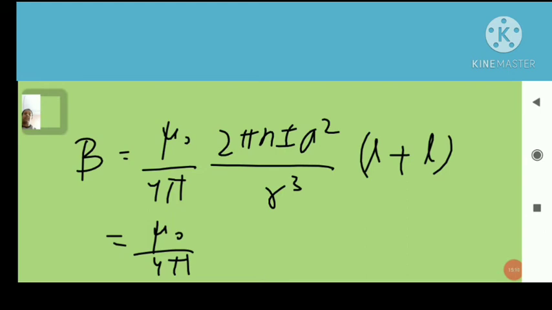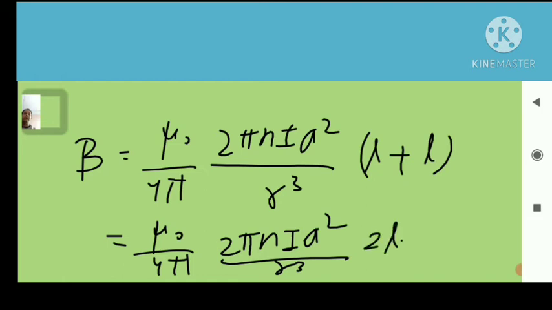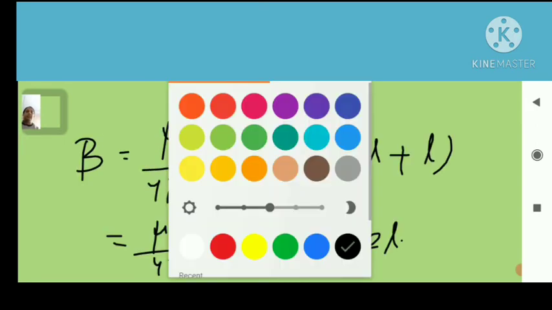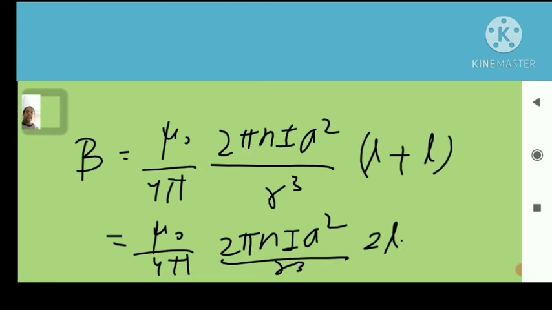So 2 pi n I a square by r cube into 2L. Here, n into 2L.